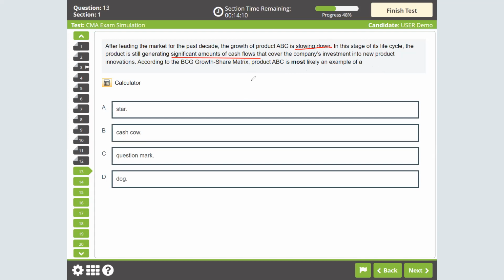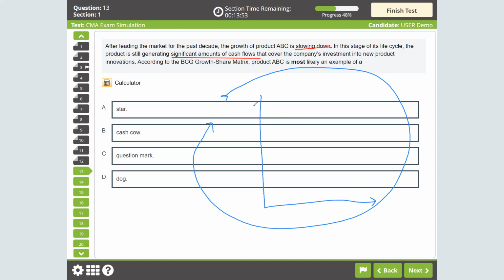With BCG, depending on how you write a circle, it starts from the right to the left, or you can have it from the left to the right. But we have here growth and we have market share.